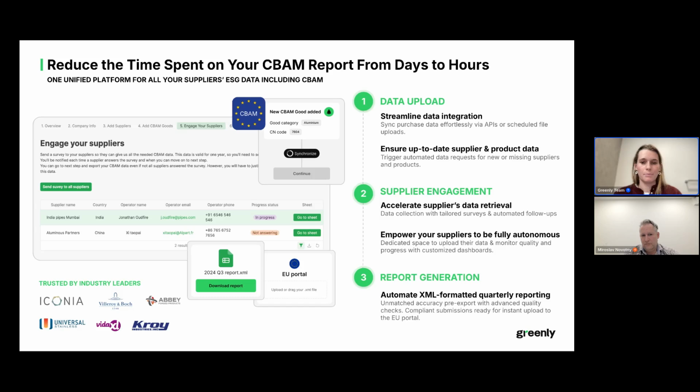One of the biggest bottlenecks of CBAM reporting is getting reliable emissions data from suppliers. So here, the platform helps you accelerate supplier data retrieval with tailored surveys and automated follow-ups, because we are aware that a lot of suppliers don't measure their scope 1 and 2 emissions.